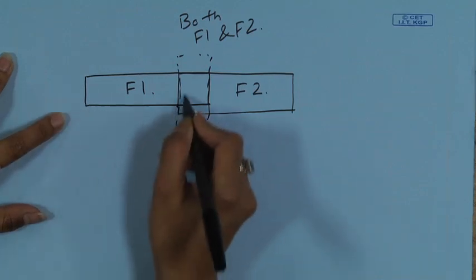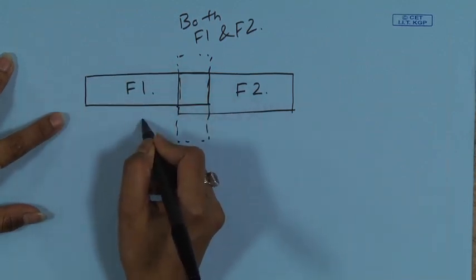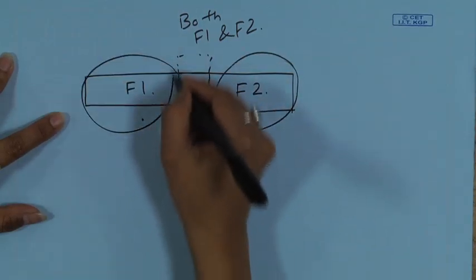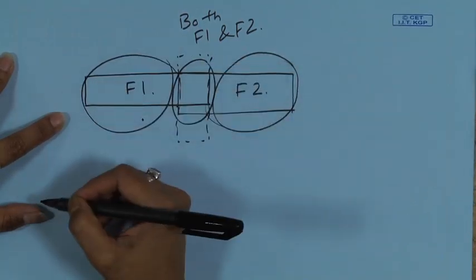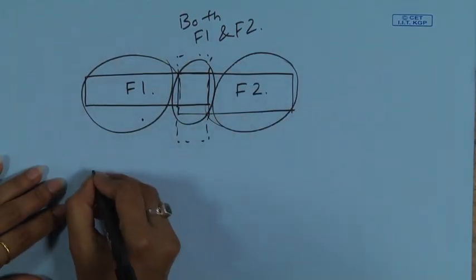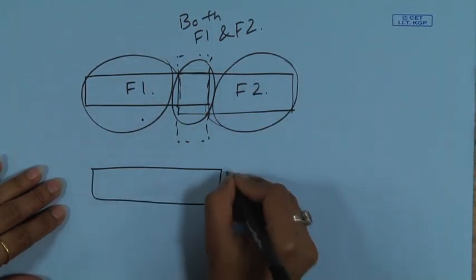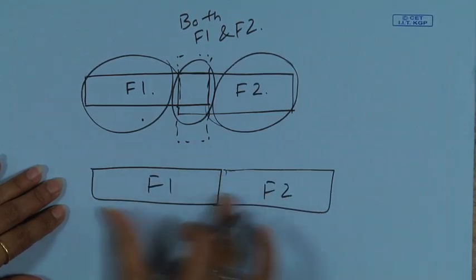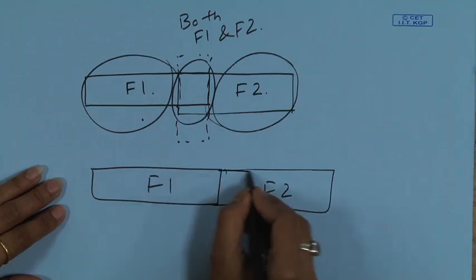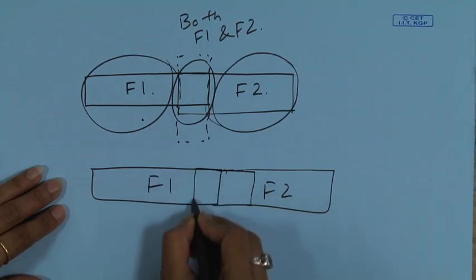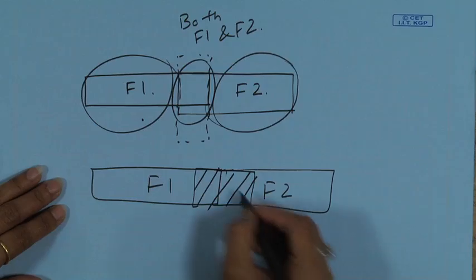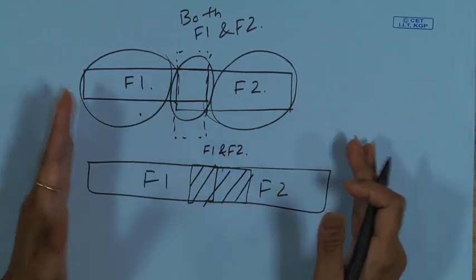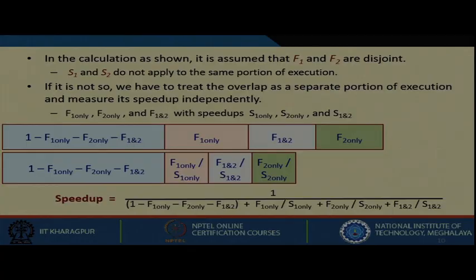So, this part's enhancement can be taken care of separately, this part's enhancement separately, and this part separately. Earlier it was disjoint. So, earlier the case was this was one part, this was another part. This is considered F1 and this one is considered F2. No common part was there. But now we are extending F1 till here and we are extending F2 till here. So, this has now become the common part which contains both F1 and F2. Now, under such a scenario, let us see how we will calculate the speedup.